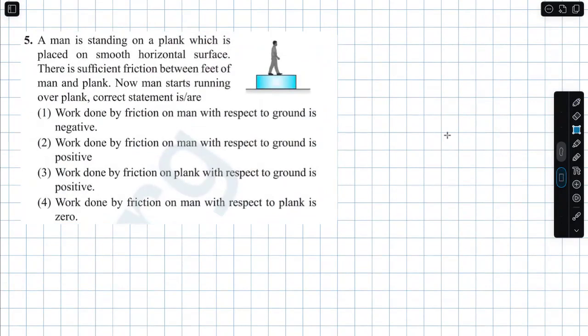See, already we have done this question, frankly speaking. Yesterday only we have done a similar type of question. Do you remember? This is a plank on a smooth horizontal surface.